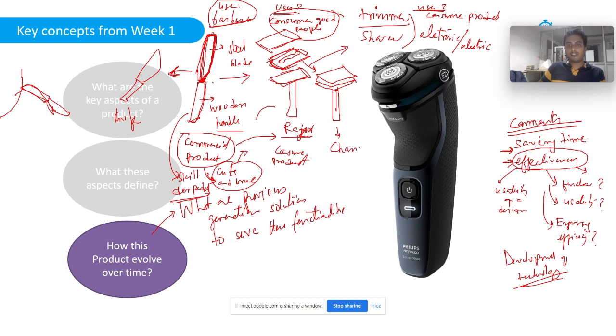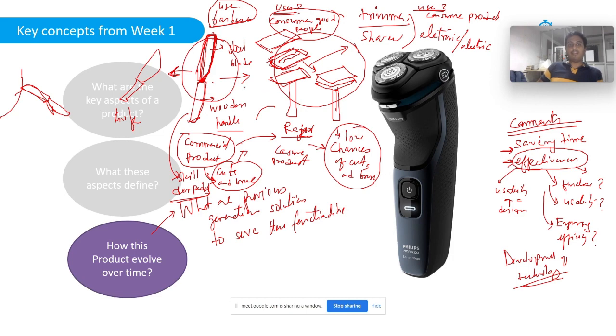So you have low chances of cuts and bruises. That's a USP, and this is actually the problem that this particular product solves over this.